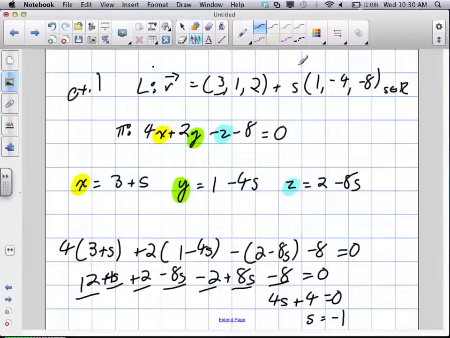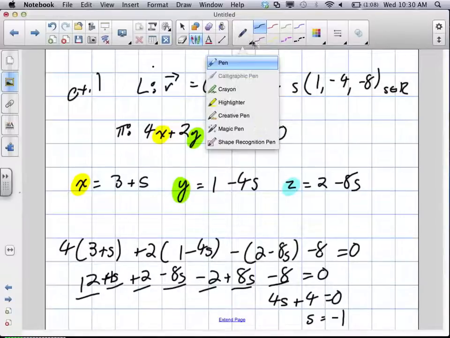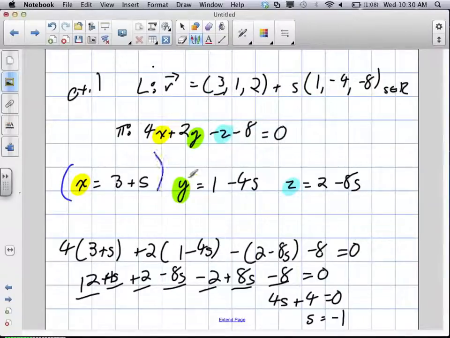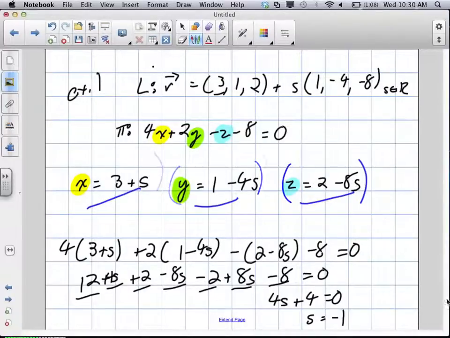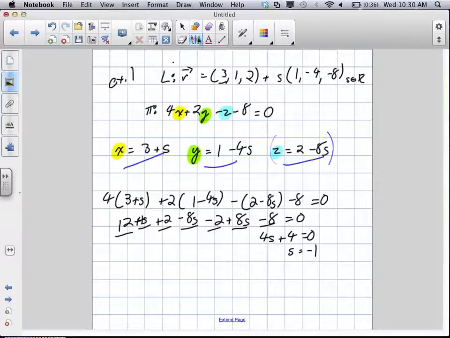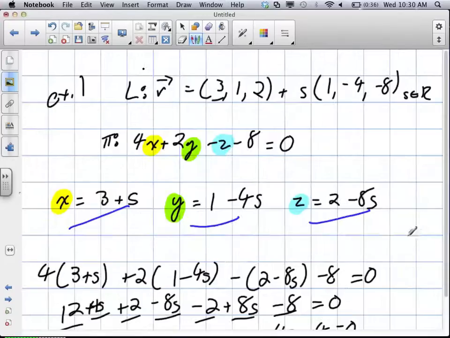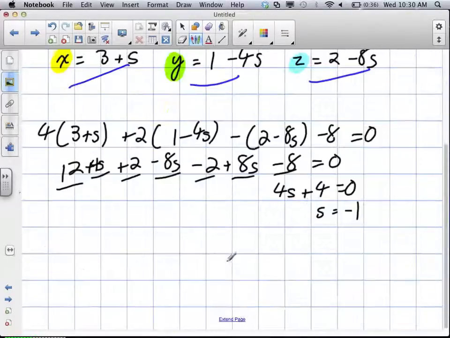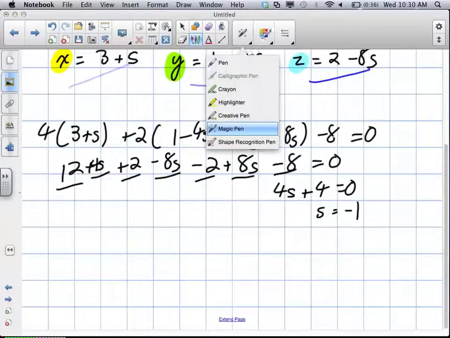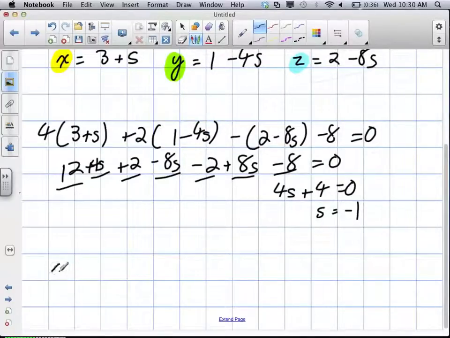So we're going to take that parameter, we're going to plug it into the parametric form of our equation, which is essentially what we had back up here. And these are going to give us the coordinates of where the line crosses through the plane. This will give us our x coordinate, our y coordinate, and our z coordinate. So we're going to take those. Our x value is equal to 3 plus, and since s is -1, 3 minus 1.